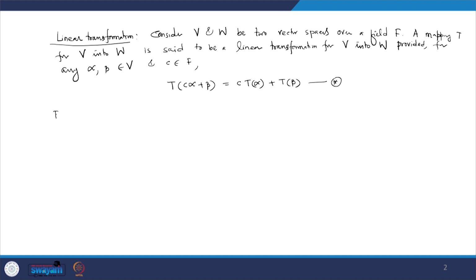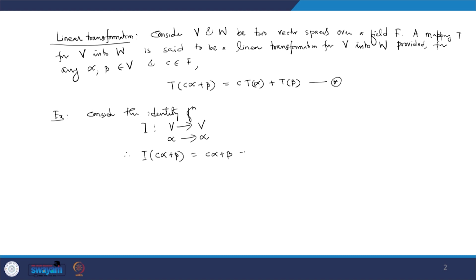So, let me take some examples. Consider the identity mapping, the identity function I from vector space V to V. It maps alpha to alpha. So this means that I of c alpha plus beta will be equal to c alpha plus beta.